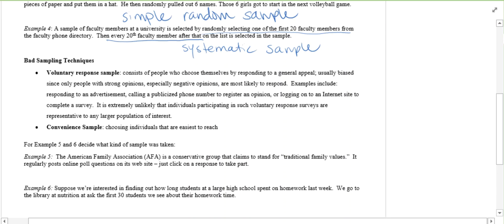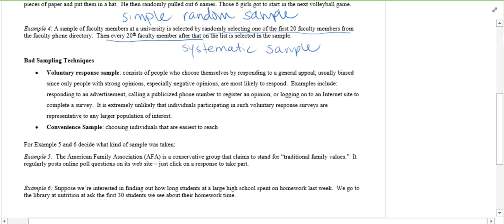So example 5: the American Family Association, AFA, is a conservative group that claims to stand for traditional family values. It regularly posts online poll questions on its website. Just click on a response to take part. Okay, so they're on their website. Just click to respond if you want to respond to the poll.